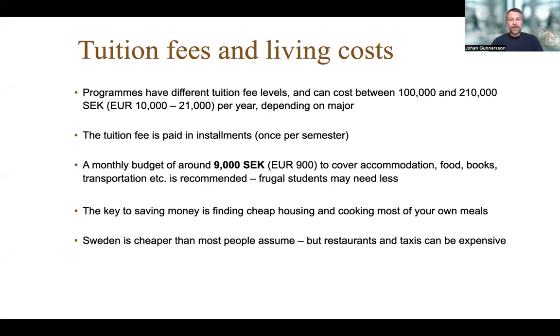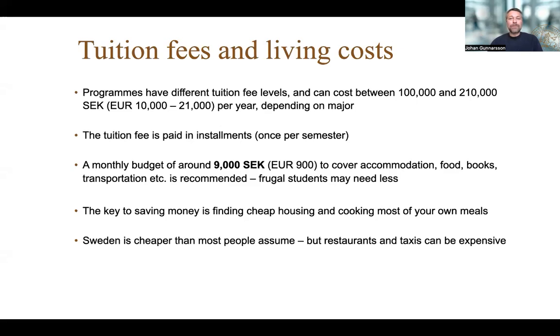Now, just a bit more about living expenses in particular, because we've already covered the tuition fees for the students who are fee liable. We recommend a monthly budget of around 9,000 Swedish krona, which is around 900 euros, 900 US dollars, to cover accommodation, food, books, transportation, etc. I think Sweden is known internationally as being a rather expensive country, but I personally believe this is based mostly on stories you hear about maybe tourists who went to Stockholm, the capital city, and they found everything expensive.